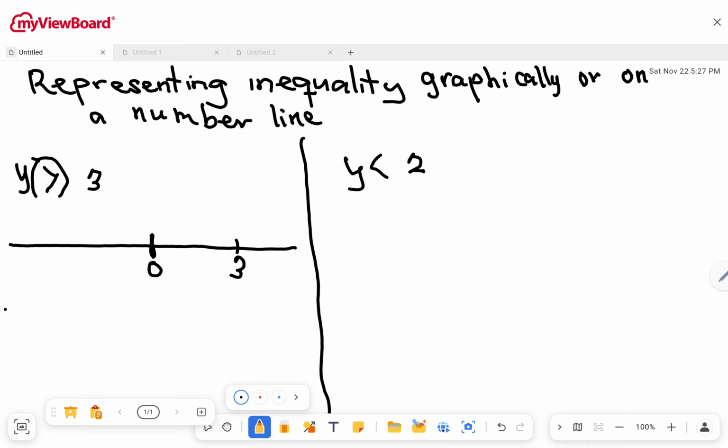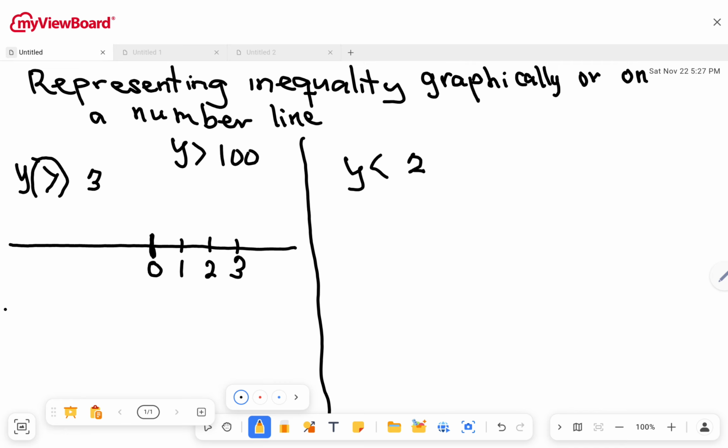For instance, in this question, since this number 3 is a very small number, you can decide to bring 1 or 2. But let's take it that if you have something like y is greater than 100, are we going to write 1, 2, 3 up to 100?